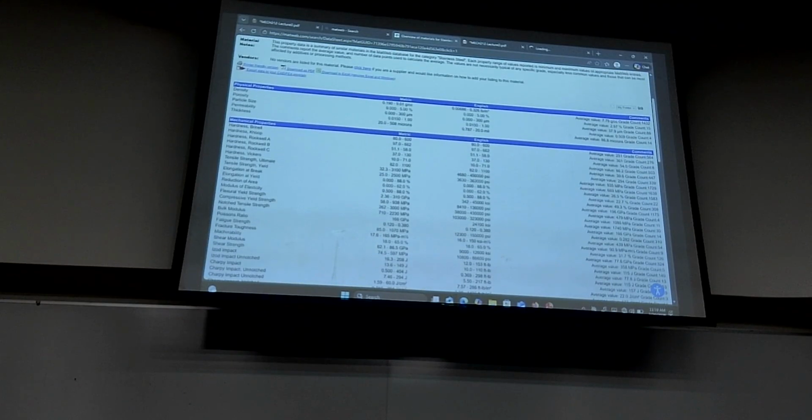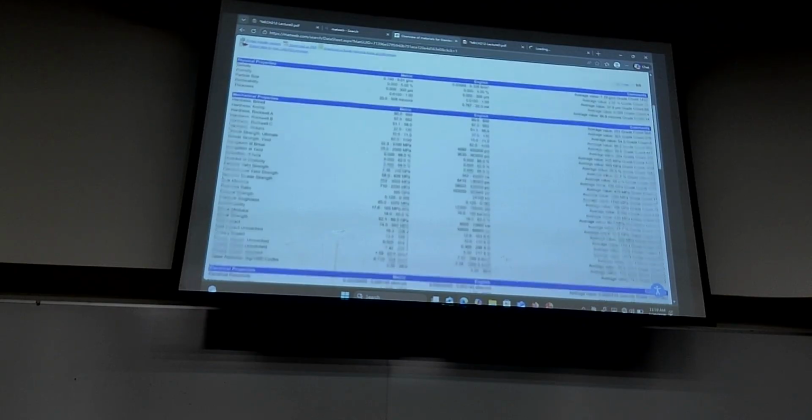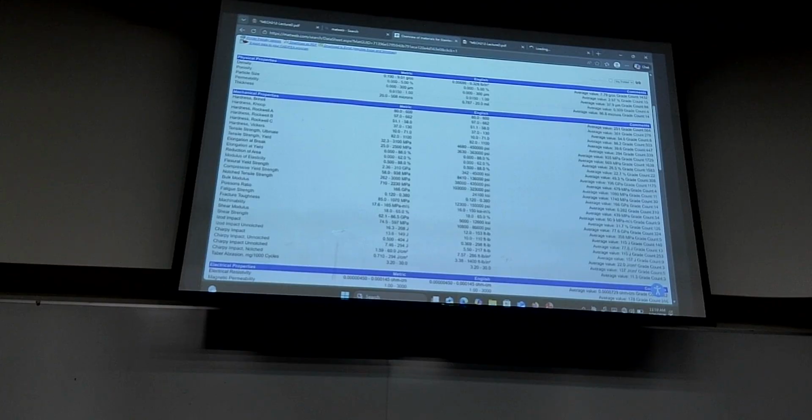And then you see how practical this course was. We talked about modulus of elasticity, which is the E value, given in here. Make sure you go with SI units. Shear strength, tau U value, is given. If it's given as a range like this, just average that range. Go for the middle of that range.